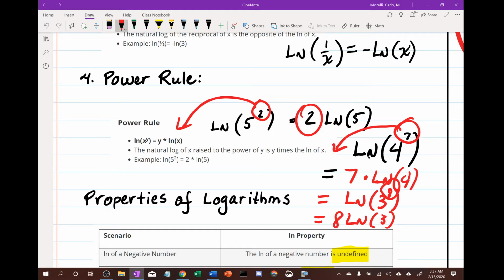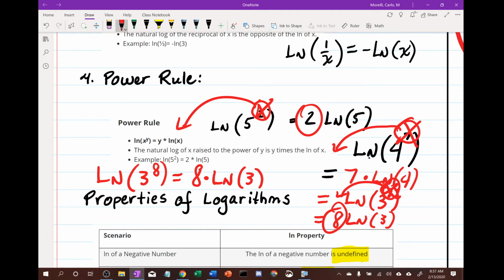So again, homeboy comes down, hangs out to the left of the ln, and then he basically goes away from the exponent position, and now he's just hanging out here. So these are equivalent forms. Let me write this out. Ln of 3 to the 8th power equals 8 times ln of 3. Okay. In the words of Neo, whoa.